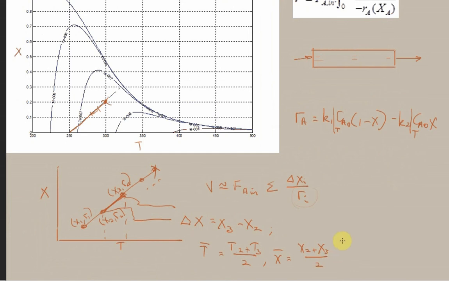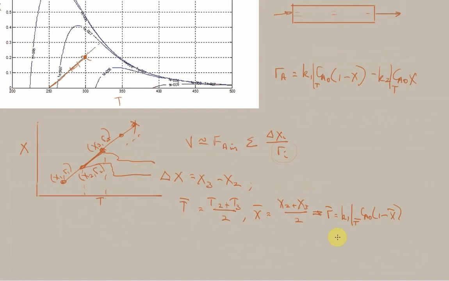Then the average rate over that interval would be K1 evaluated at T average times CA naught 1 minus X average, and then minus K2 at the average temperature times CA naught times X average.